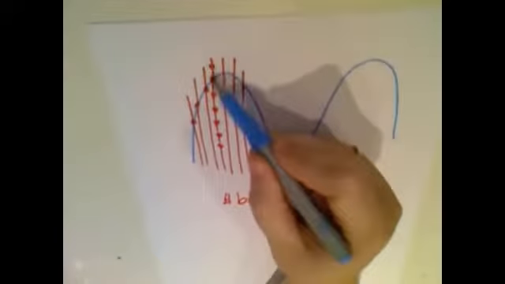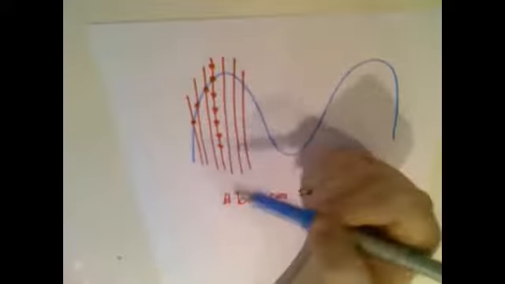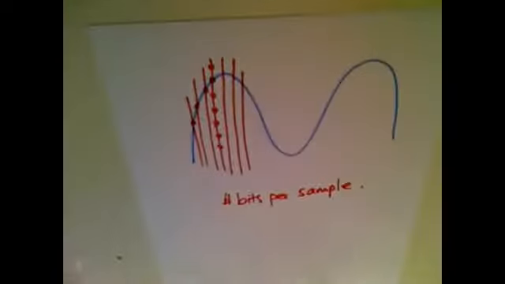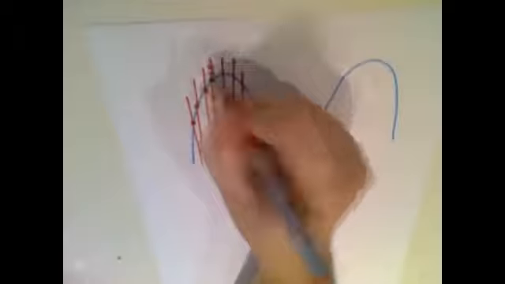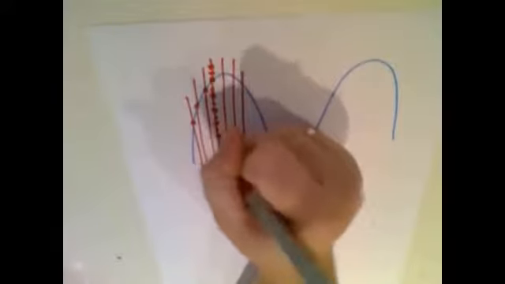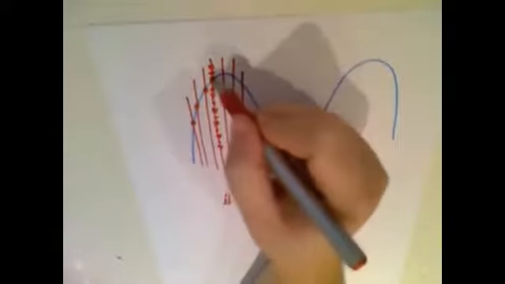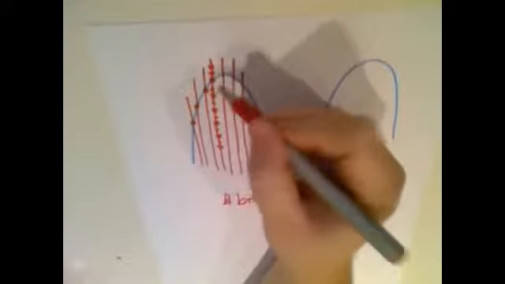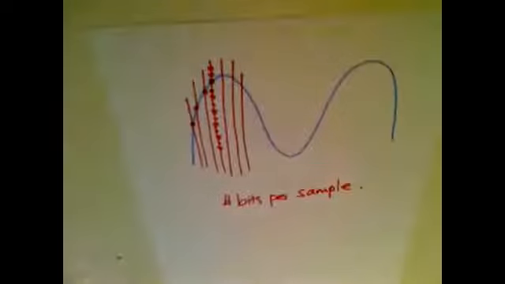So we can have 8 bits where they can be picked from, or 16 bits. And obviously, if you have double the amount of bits per sample, then you have double the amount of points that you can choose from. So the difference between this point here and this point here is much closer.